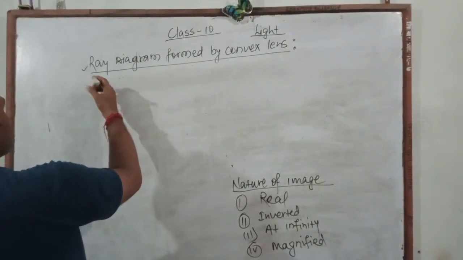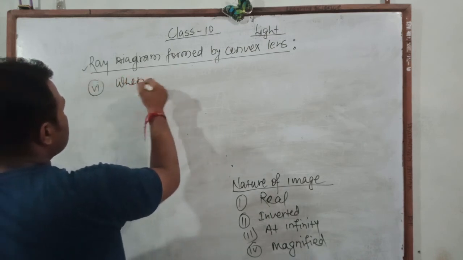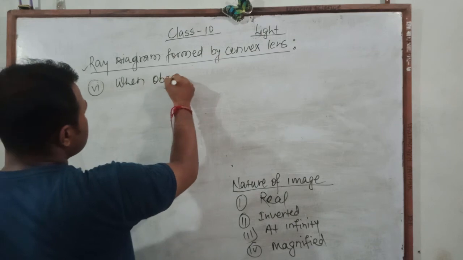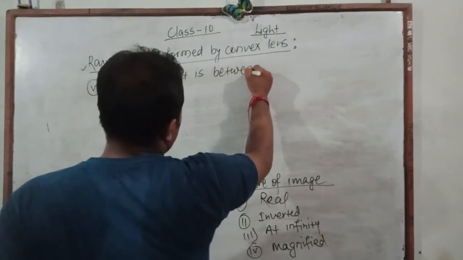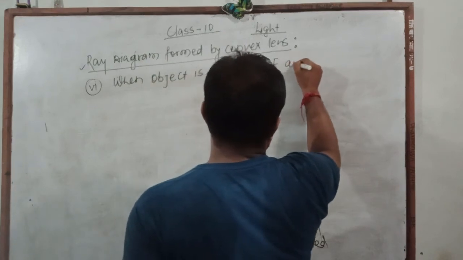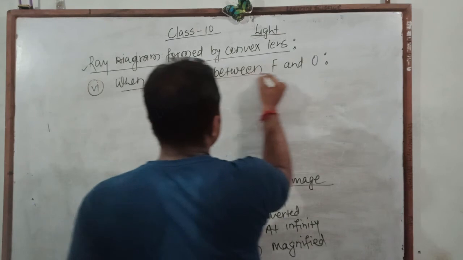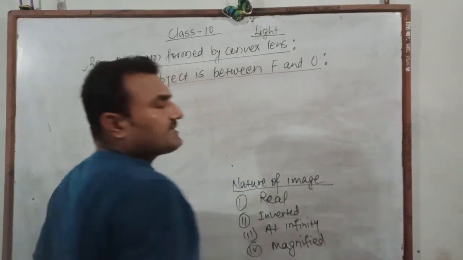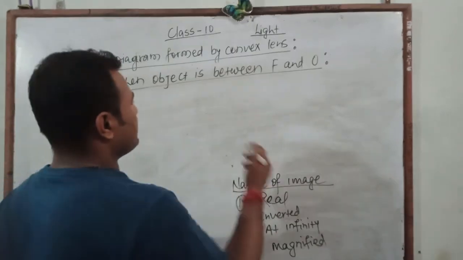And the sixth condition of image formed by a convex lens is when the object is between F and O. Here we consider the object is between the principal focus and the optical center.